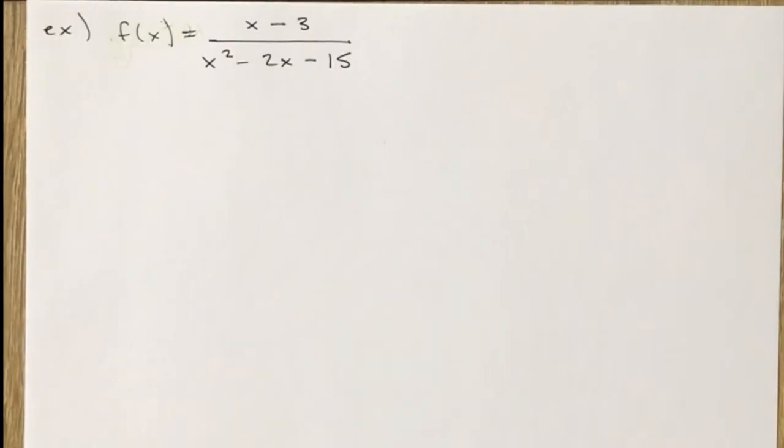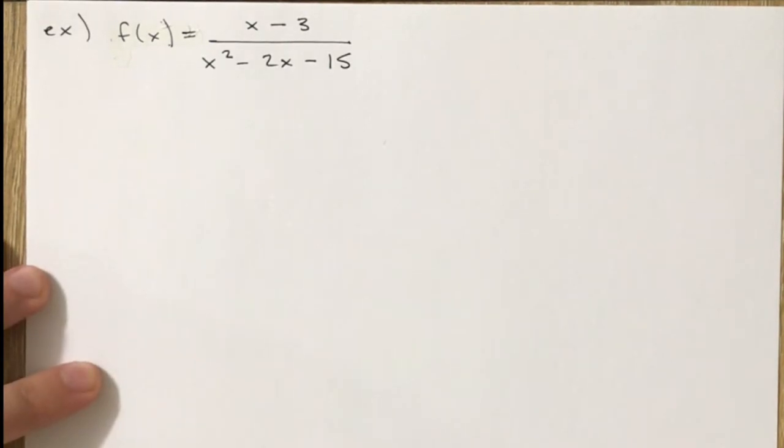What are some other important features of graphs that we've talked about so far this semester? Well, we've definitely talked a bunch about intercepts, right? Aren't those fairly easy to find and an important part of a graph? So let's see if we can find those.